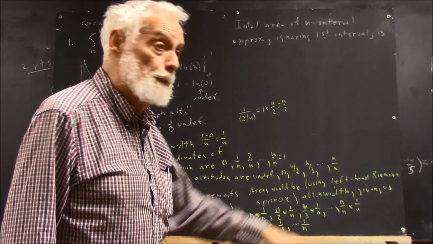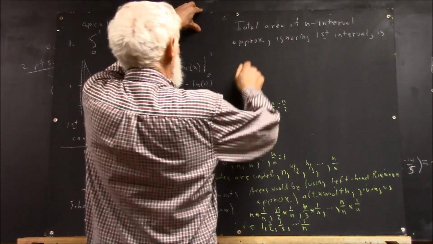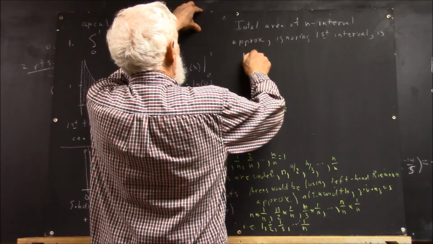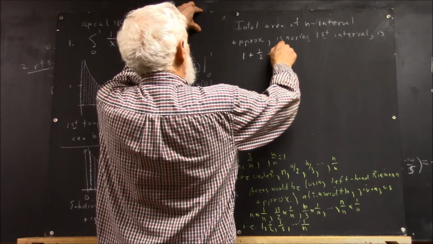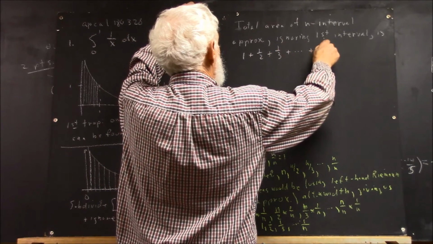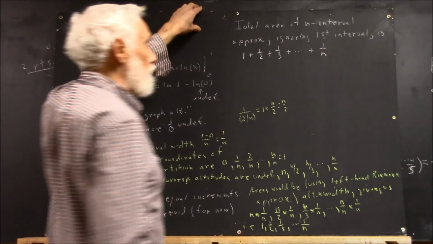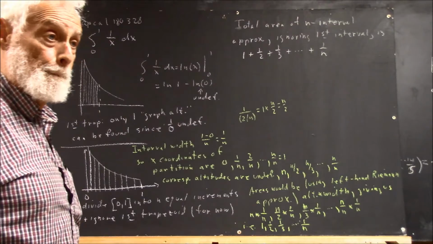Well, we just add these up, right? That would be 1 plus 1/2 plus 1/3 all the way up to 1 over n.